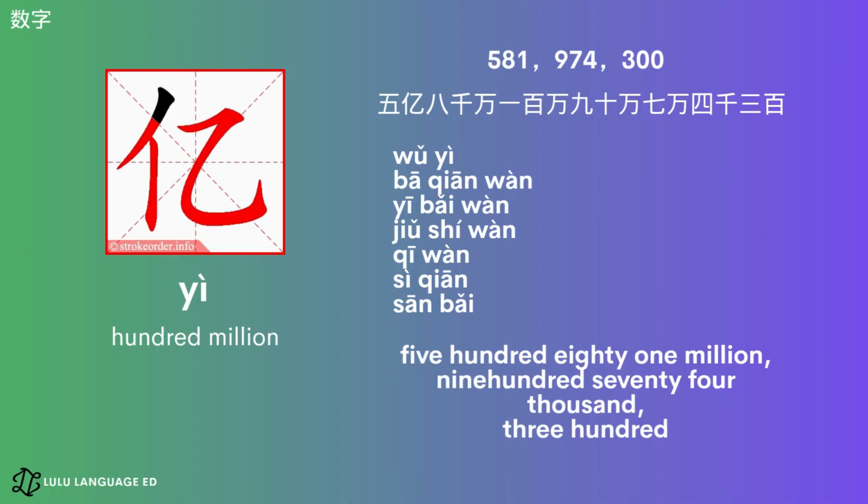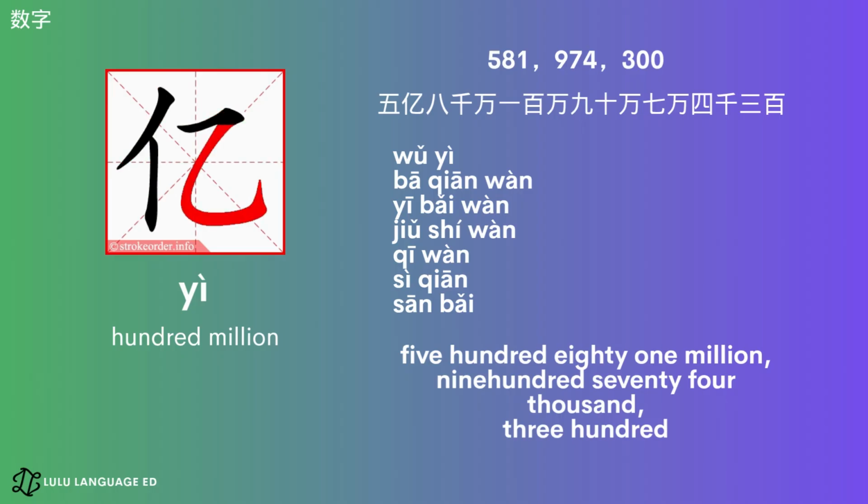So 五亿. 8, 10 millions. 8000万. 1,000,000. 100,000. 900,000. 90,000. 70,000, 7,000, 4,000 and 300.